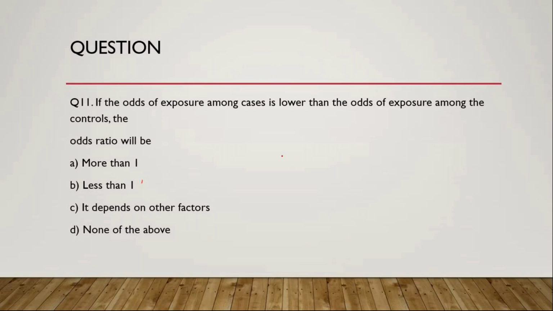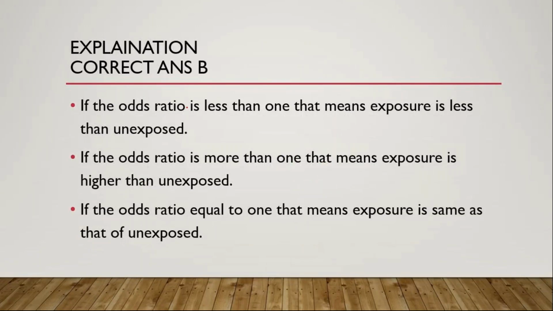So there are three things. If the odds ratio is less than 1, that means exposure is less than the unexposed. If the odds ratio is more than 1, that means exposure is higher than unexposed.